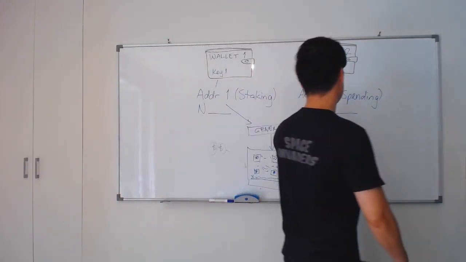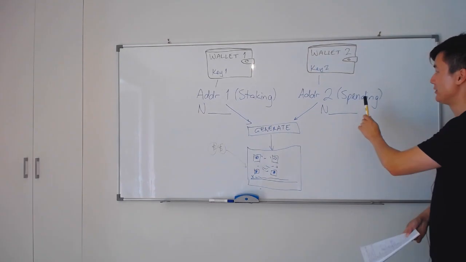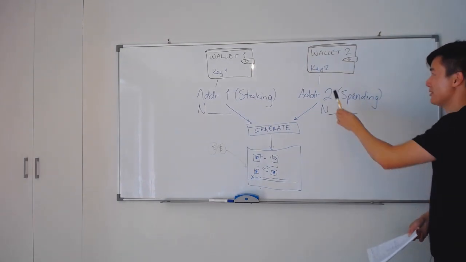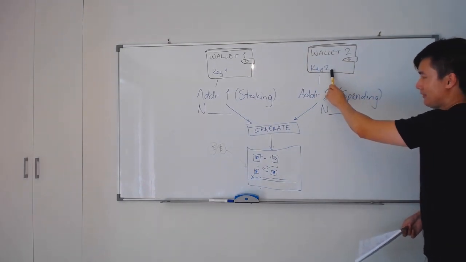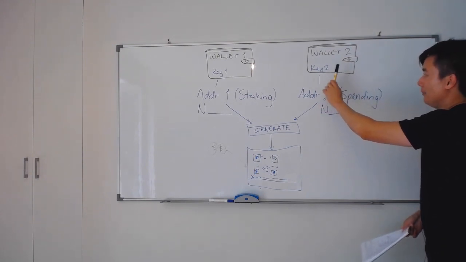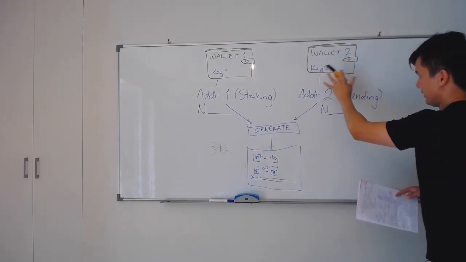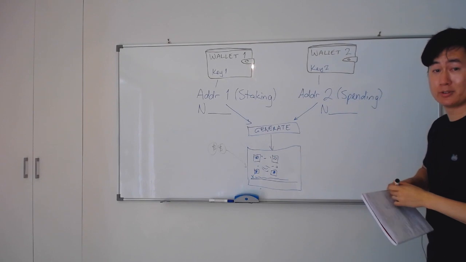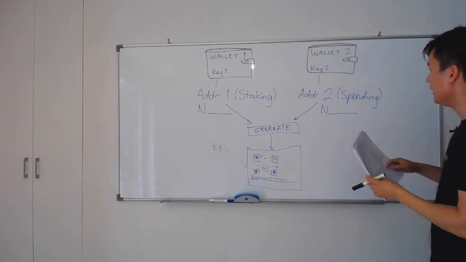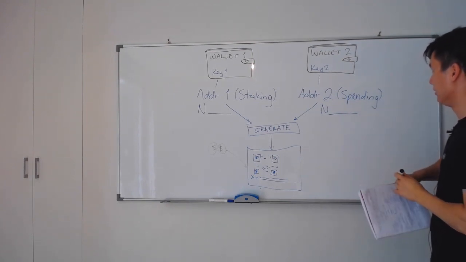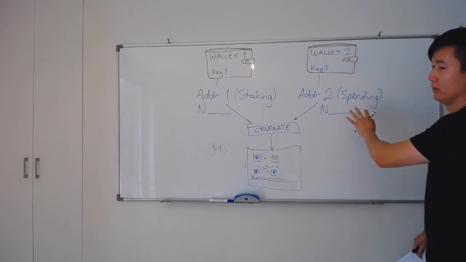Sorry, you won't need the spending wallet exactly. You'll need the spending address and the key associated with that. So some wallets you can actually export the private key or extract the private key. What's important is that you have this address and this key in order to spend. And you'll need to send out from here.